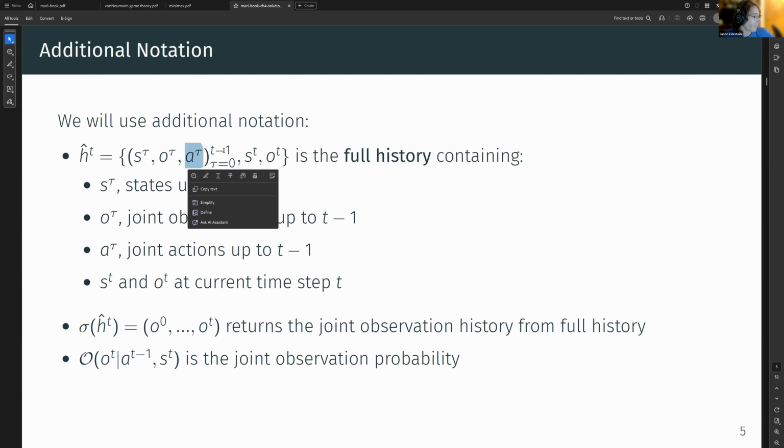But what's included in the past is also the joint action of the history going back in time. Obviously we don't know the joint action at time t because that hasn't happened yet, right? Whatever action the current agent chooses will be included in the joint action.